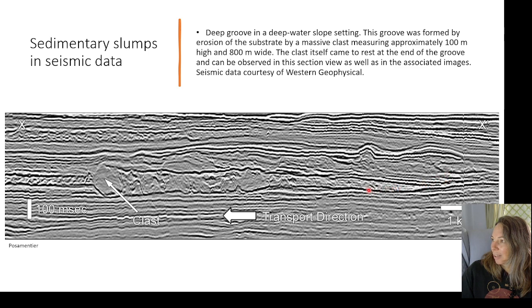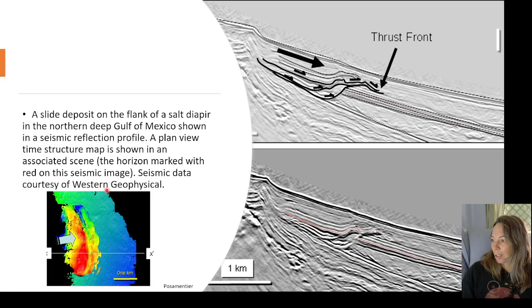You could see how it created this turbidity behind it. So it came in, eroded some of these sediments or disrupted them, and then you see how it fills in all behind it. So assuming what velocities you take, this could be an 800 meter wide and 100 meter tall clast. So super cool, I think, to be able to pick that out in seismic.